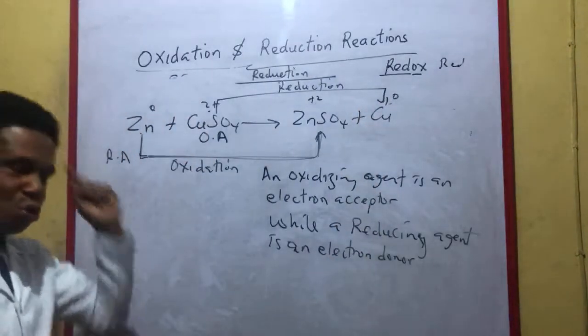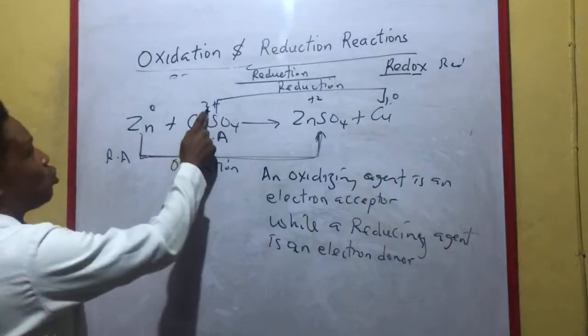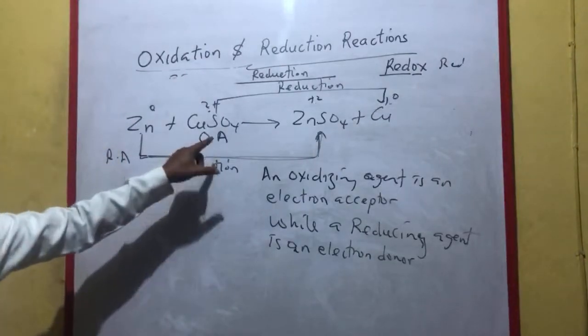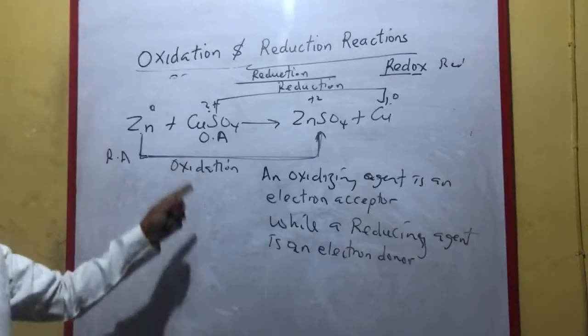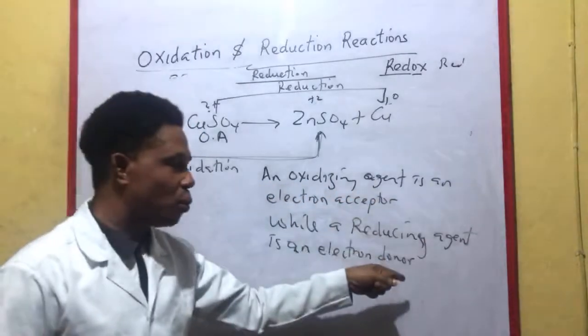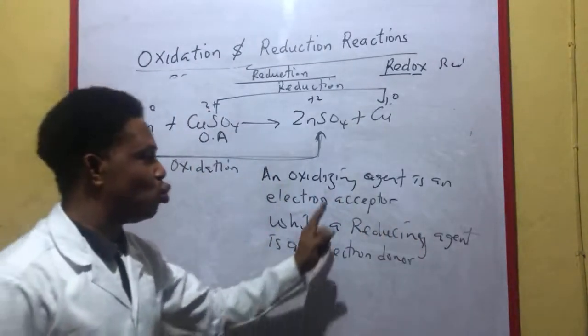Whatever is reduced is an oxidizing agent. Let's see what is reduced. Copper is going from +2 to 0, so copper is reduced. So this is the oxidizing agent. So number one, an oxidizing agent is an electron acceptor, while a reducing agent is an electron donor.